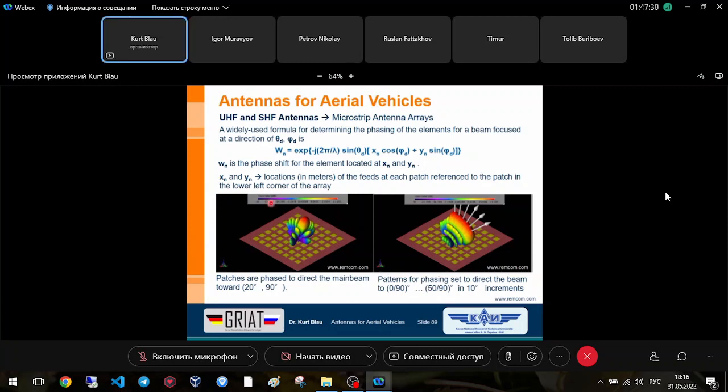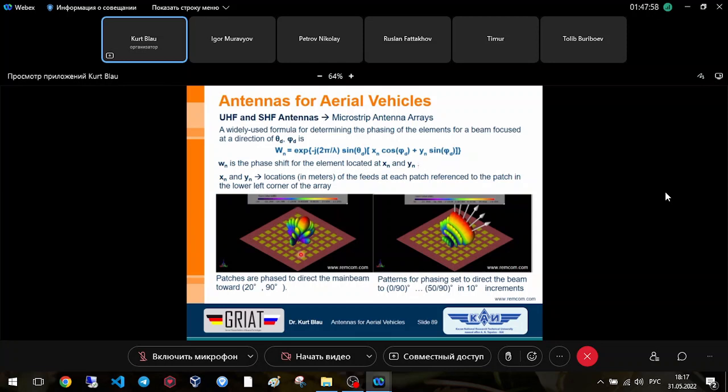To determine this phase angle for the driving currents, it's given here in this formula. This is the phase shift for the element N located in the Xn and Yn direction.